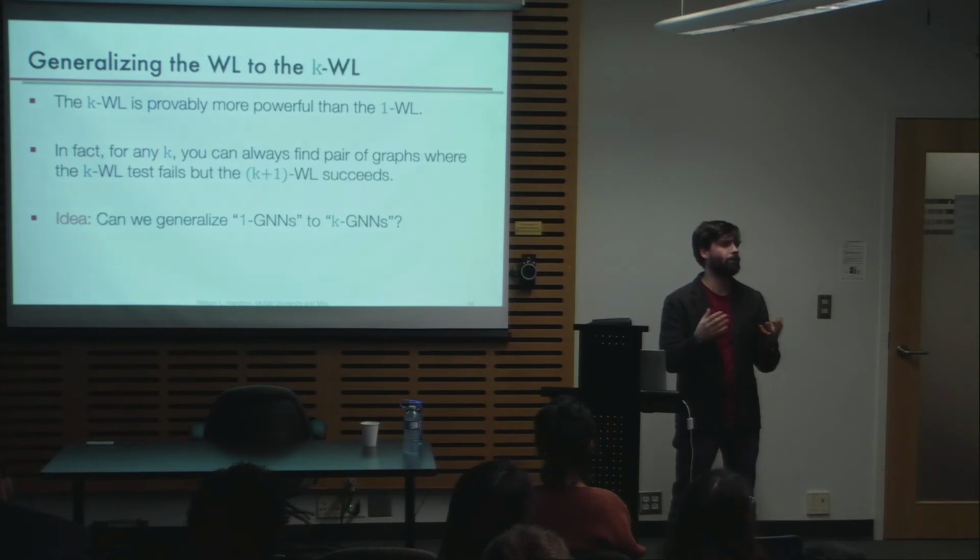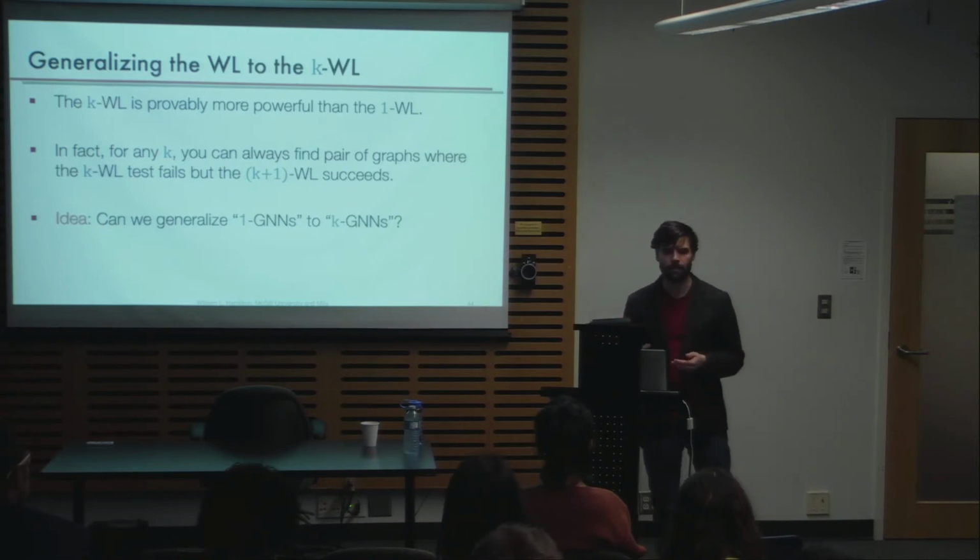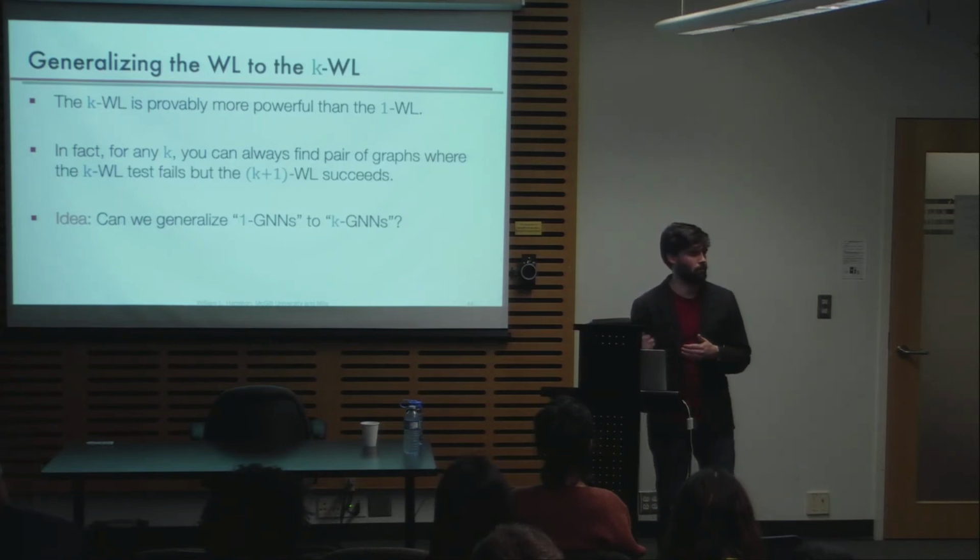By failure, we mean that it maps two graphs to the same representation when they're not actually the same. And so you always find a pair of graphs where you'll fail, and then you can keep going up. But again, it's kind of a vacuous thing if you make k too big, because at some point you end up having to solve the original problem again.